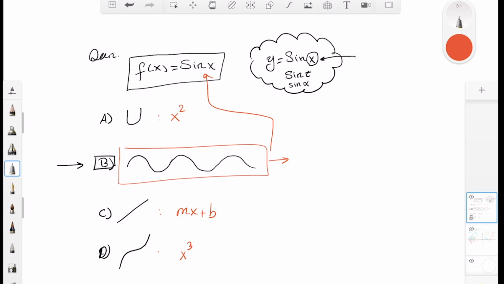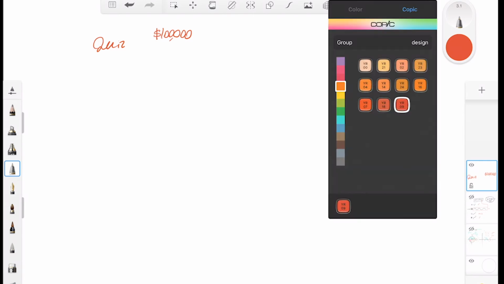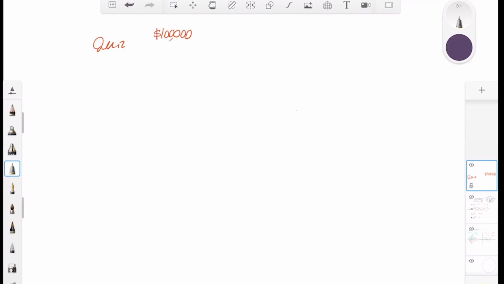Let's have another quiz. This is a $100,000 question. I give you f of x equal to sine of x plus 5.